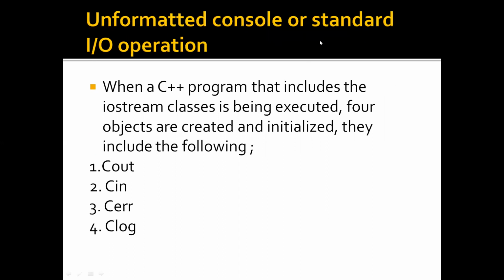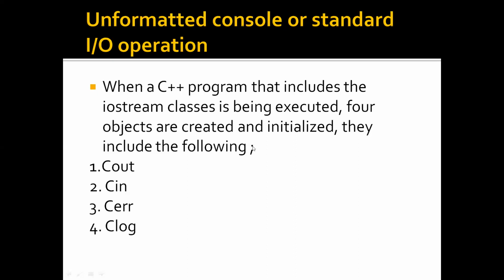Before, we have also seen that standard is also known as console, so this is unformatted console or standard IO operation. When a C++ program that includes the iostream classes is being executed, four objects are created and initialized.